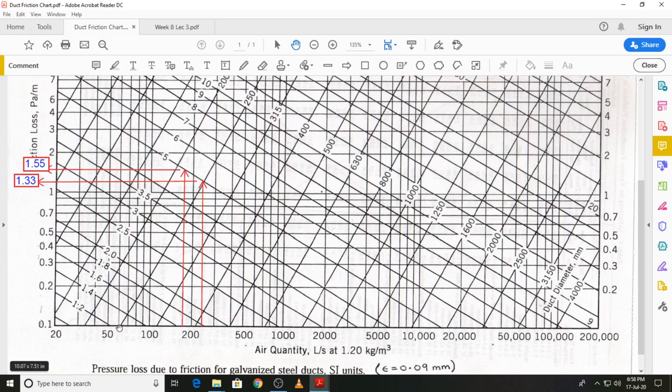So this is 50, 60, 71, more or less the same as 70, but this time the velocity is 3 meters per second.